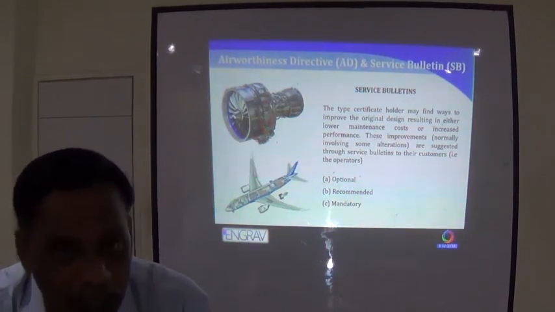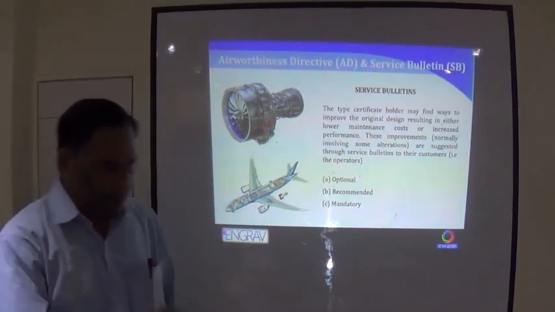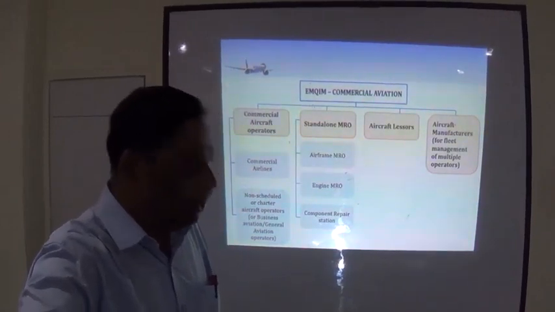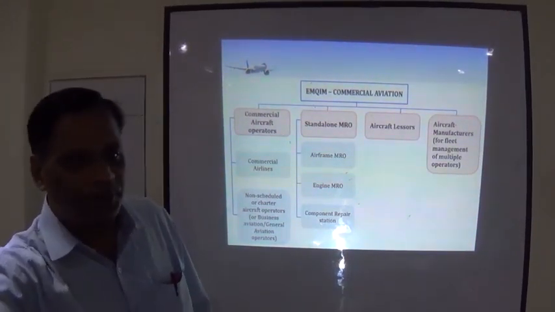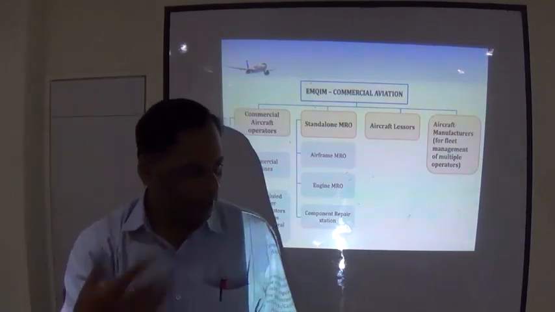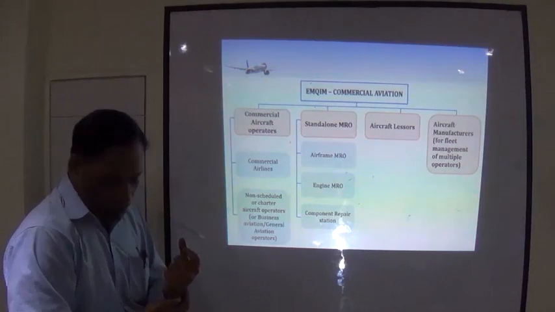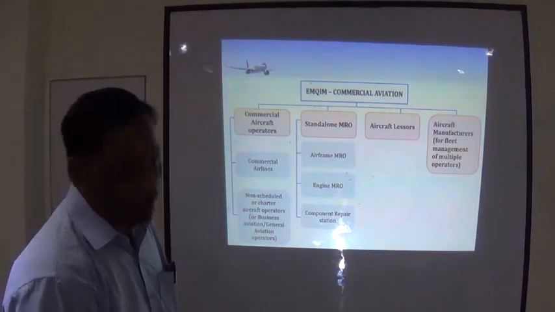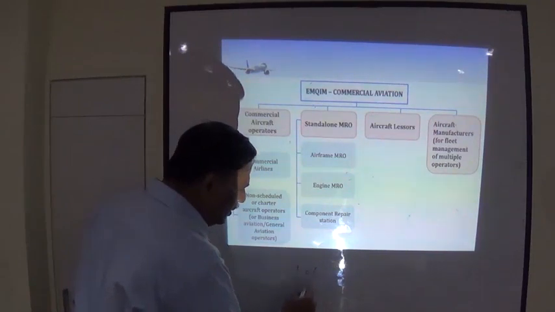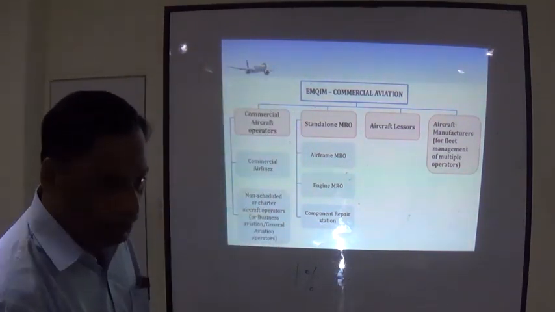I'm talking about the lease business. I am an owner, and I lease the aircraft to Indigo airline. Indigo gives me monthly lease rentals. A typical monthly lease rental of an aircraft is around 1% of the value of a new aircraft.